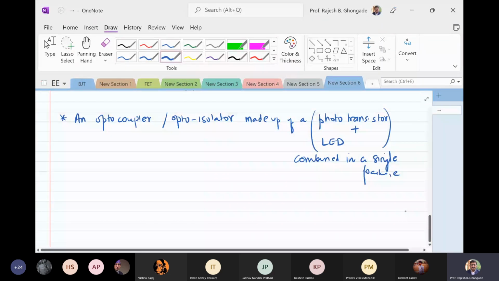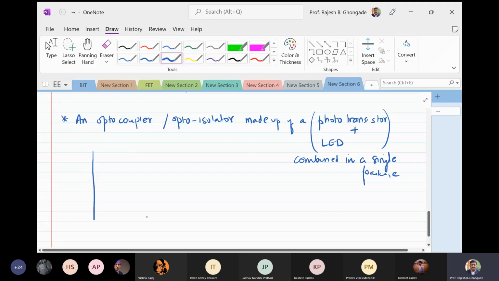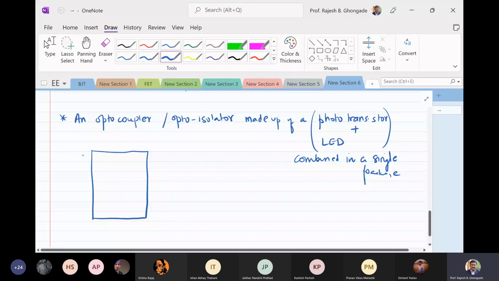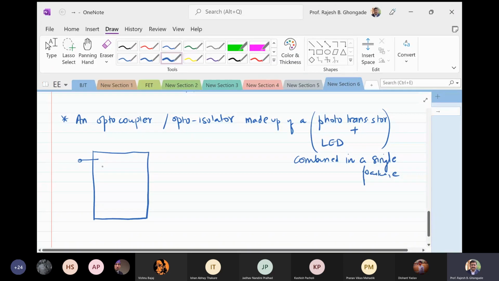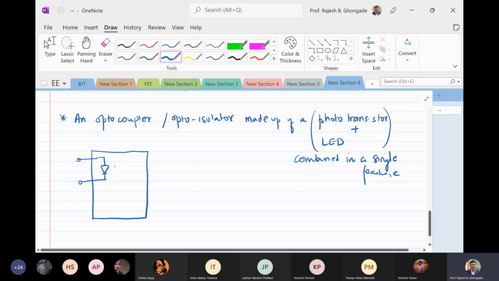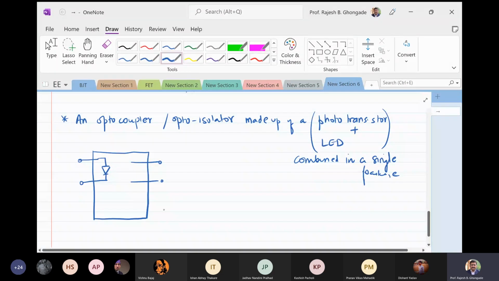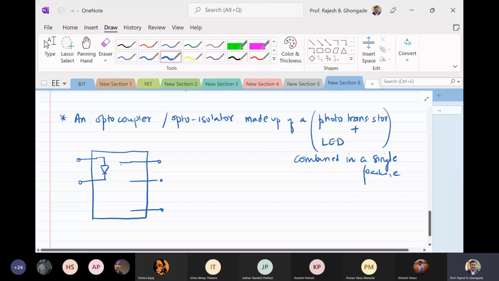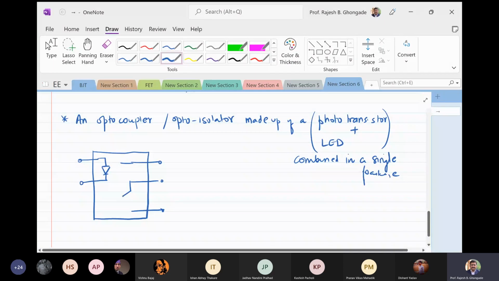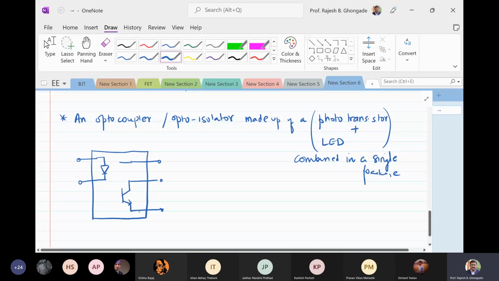Okay. So when current flows through the LED, if you look at the package itself, things will be clear to you. I'll draw the package. It's available in some sort of an integrated circuit package. So you have an LED, you have a phototransistor, and you have coupling.